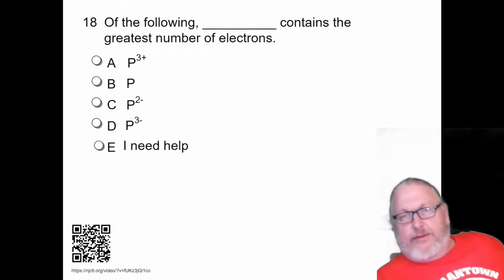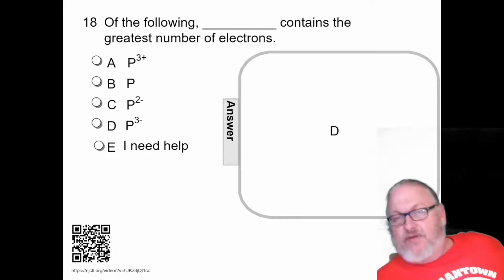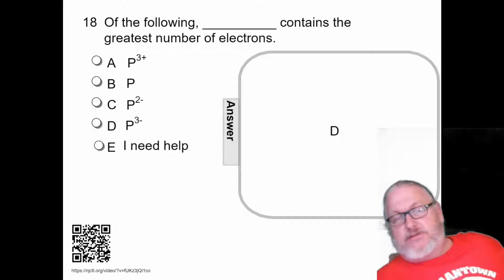Of the following, which contains the greatest number of electrons? Take a moment. And of course, the answer is D, phosphorus, phosphide. Yeah, phosphide 3 minus anion.